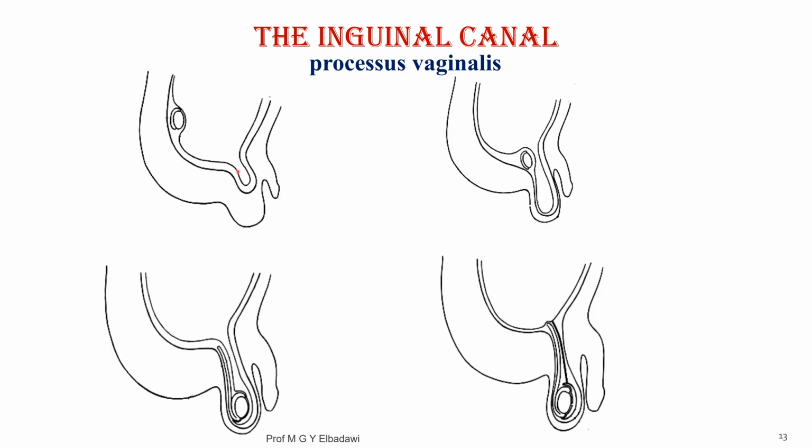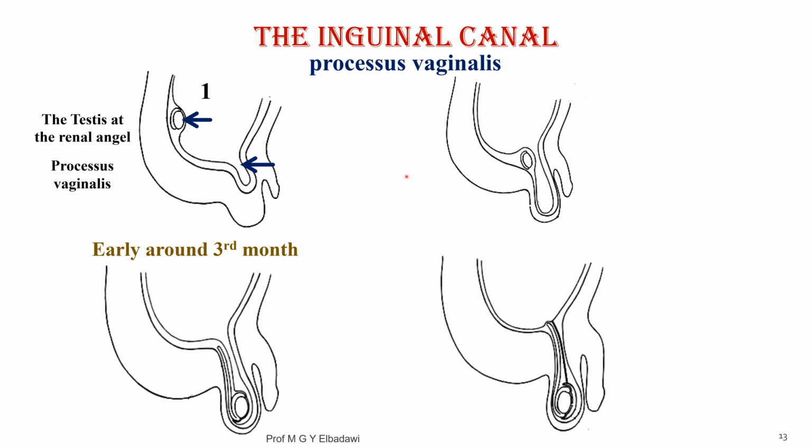This is a diagram showing the processus vaginalis stages. In the first stage, which is almost in the third month, it is just a tubular tube coming from the main peritoneal sac down toward the scrotum, with the testis, which is almost at the renal angle.